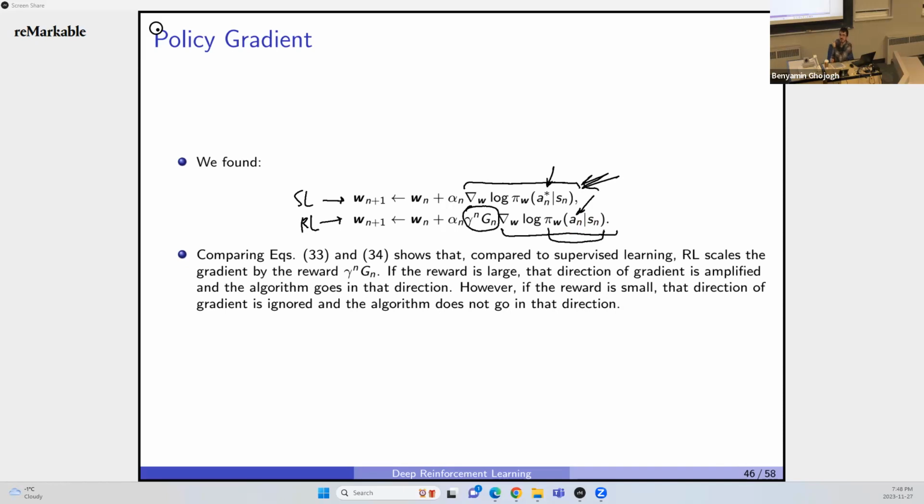Why should I maximize that? I should maximize it only when its total discounted reward is large. If the action An is awful for state Sn, its total discounted reward Gn becomes very small, so it kind of ignores that in gradient ascent. Did you get it? So we are scaling that. Interesting.